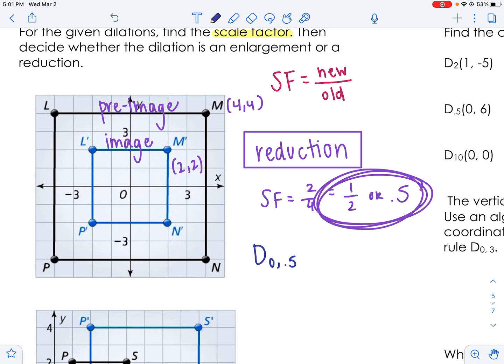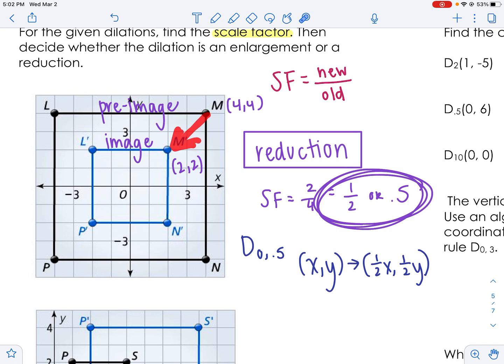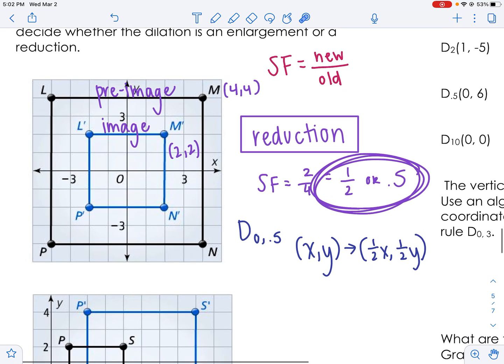Now, that's one way to write it. The other way to write it is arrow notation. I could say x comma y arrow, and I could say 1/2 x comma 1/2 y. Either one of these is a way to write a dilation. And we knew that it was a reduction because it shrunk. It goes in, it gets smaller.